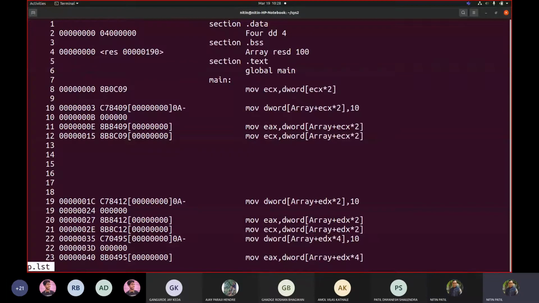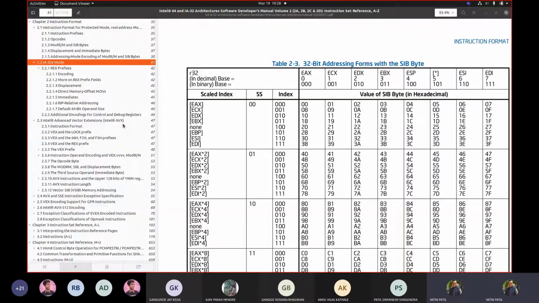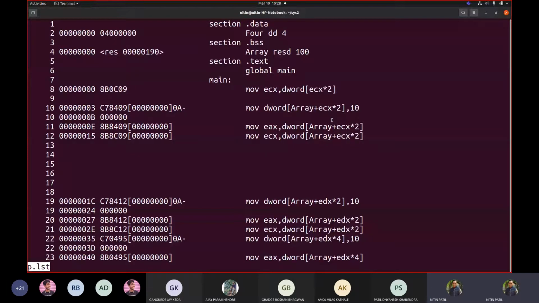09. Okay, in all cases 09 is shown. 09 here is ECX multiplied by 2. 09, 09. Correct. So whenever I'm trying to take this ECX multiplied by 2, if I take EDX multiplied by 2, then should it show 11?